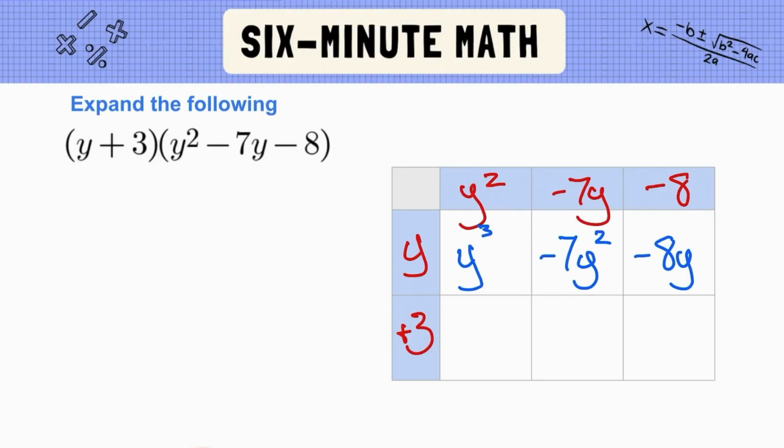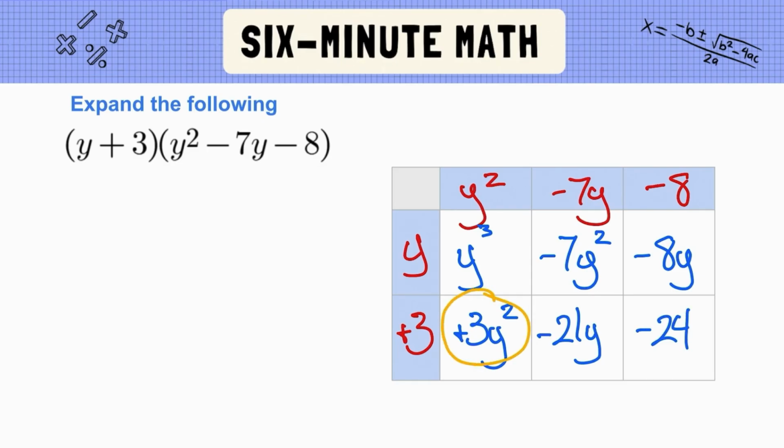3 times y squared is positive 3y squared. 3 times negative 7y is negative 21y. And lastly, 3 times negative 8 is negative 24.